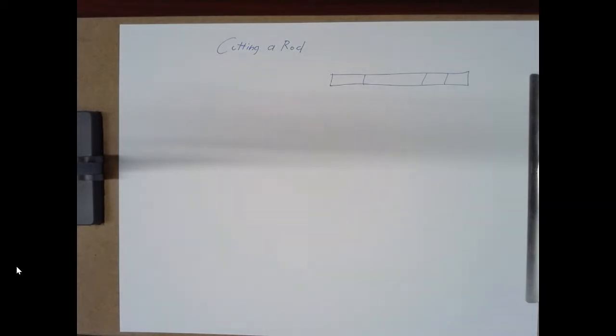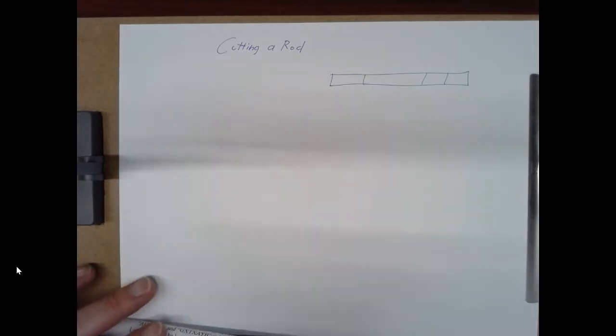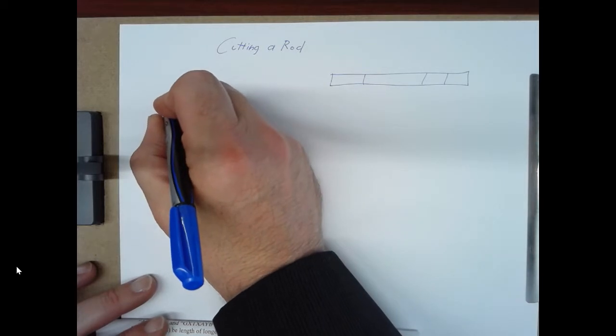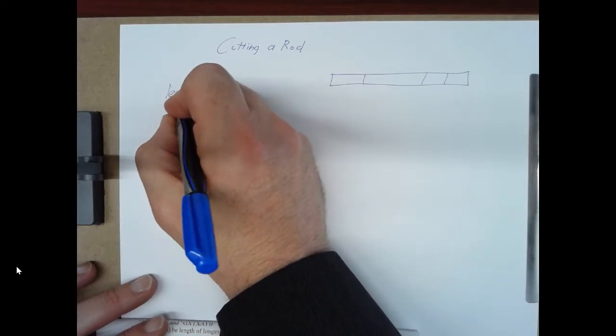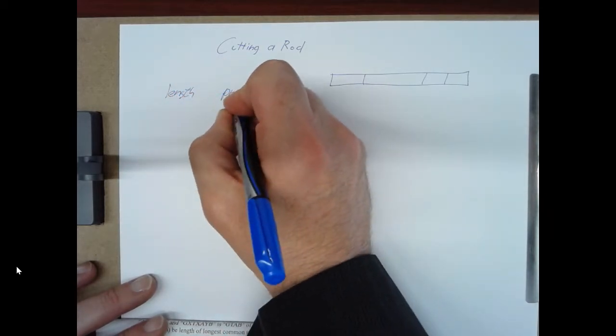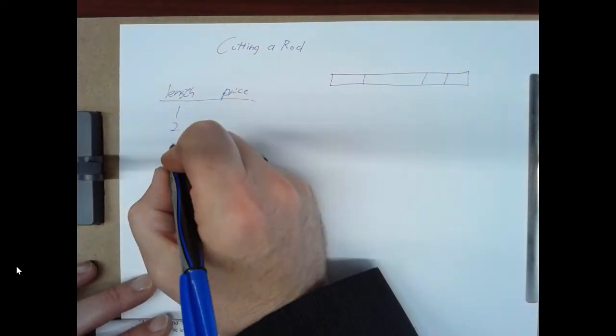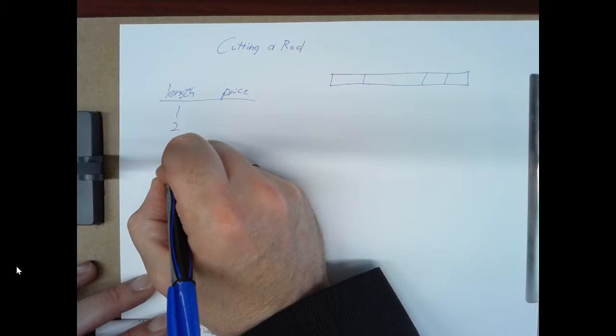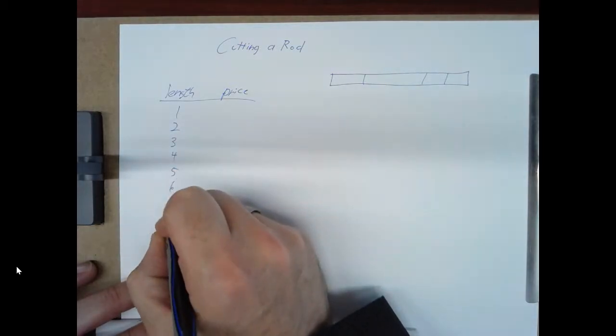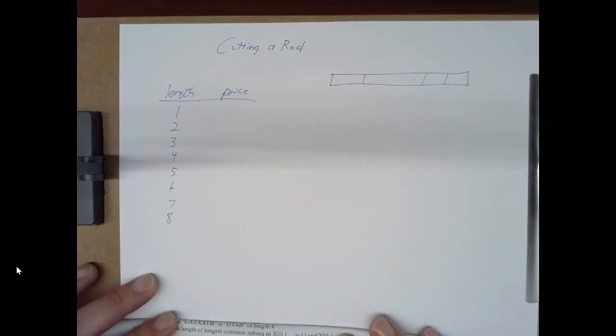So we have a schedule which tells us a length and a price. And your length can be, let's say we're just working with an 8-inch piece of metal. So you can cut this into pieces of any length from 1 through 8 inches.